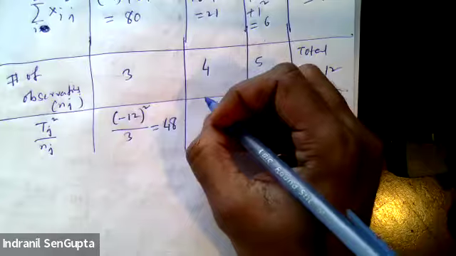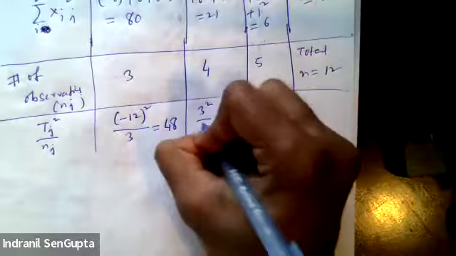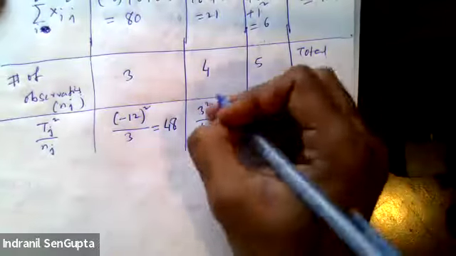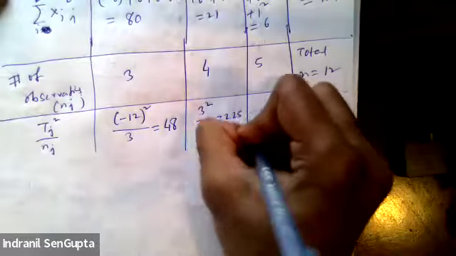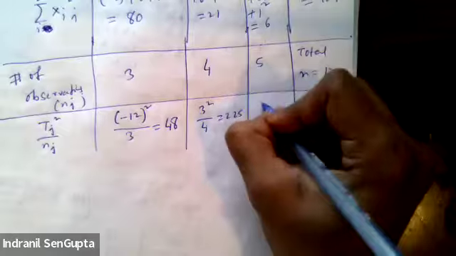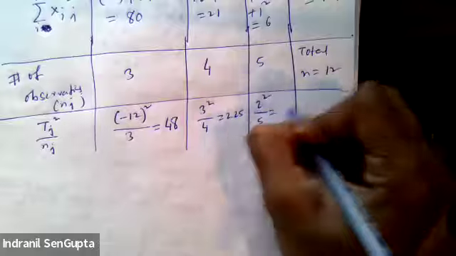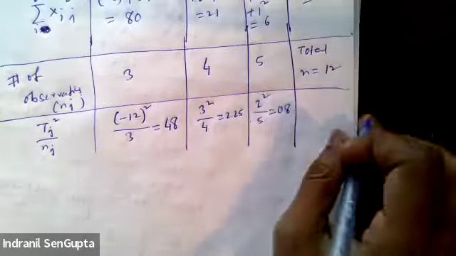So the second number is going to be 3 squared over 4, so it's 2.25. And here it's going to be 2 squared over 5, which is 0.8.